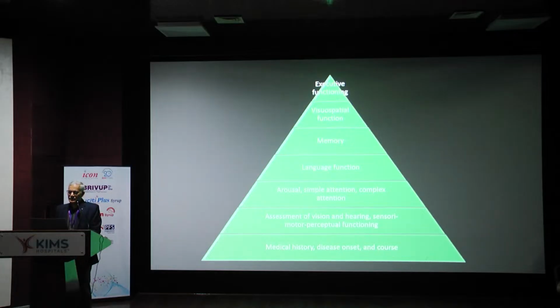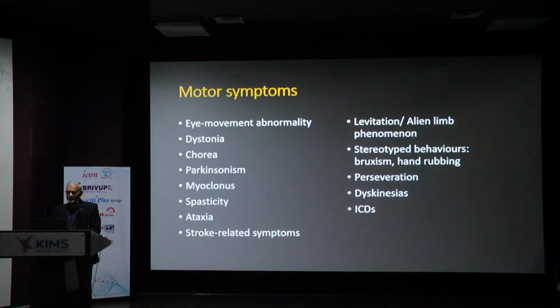And if you do not test the attention first, if you go and test the higher level of cognitive function, it may be difficult to judge. Primarily the patient is having a lack of attention. He might have a language problem, may not be communicating with you. So primary attention needs to be tested, the language function, then you can go for some other testing. There is a hierarchy for testing. Don't go to the executive function test first.